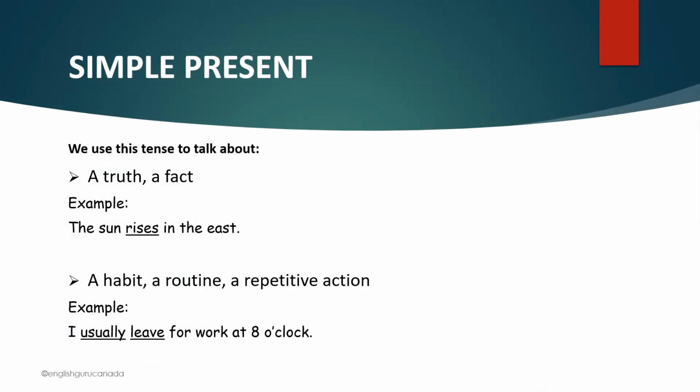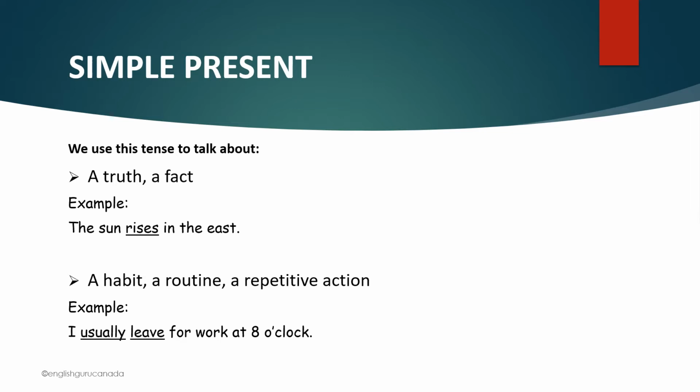I've also underlined usually in this example. Now, leave is the verb, but usually is an adverb over here. We would call it an adverb of frequency. So we have adverbs of frequency like always, which would mean without any fail.